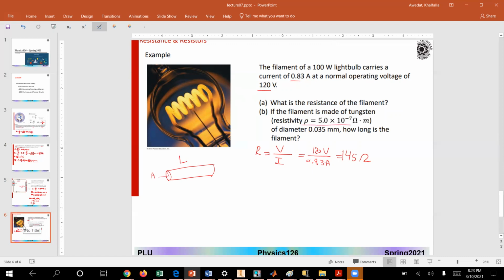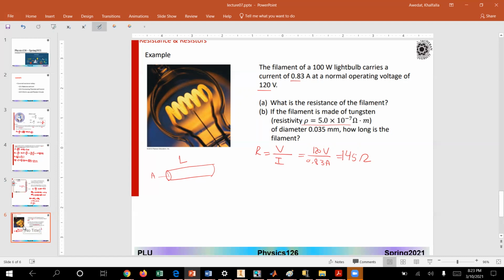So they're asking to find out how much length the wire needs to be to provide the 0.83 amps for the light bulb fed by 120 volt.